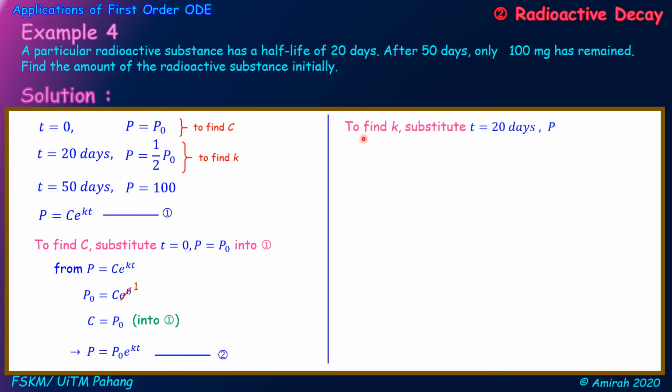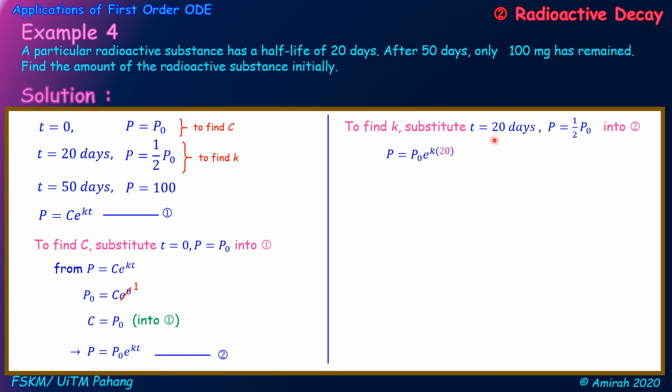Okay, and then we use the second row information to find k. Substitute t equals 20 days and P equals half P naught into equation 2. So from equation 2, P equals P naught e to the power of kt.